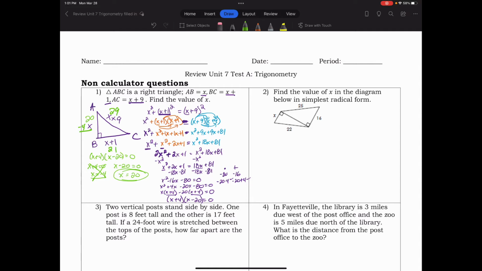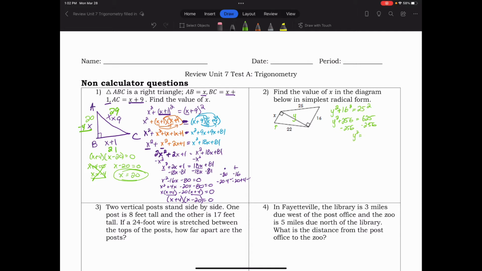For the next problem here, I need to solve this triangle. I need two pieces of information. All I have is my 90-degree angle and my 22. So I'm going to call this side y. I'm going to solve for this first. So I know y squared plus 16 squared is equal to 25 squared. Y squared plus 256 is equal to 625, minus 256, minus 256.